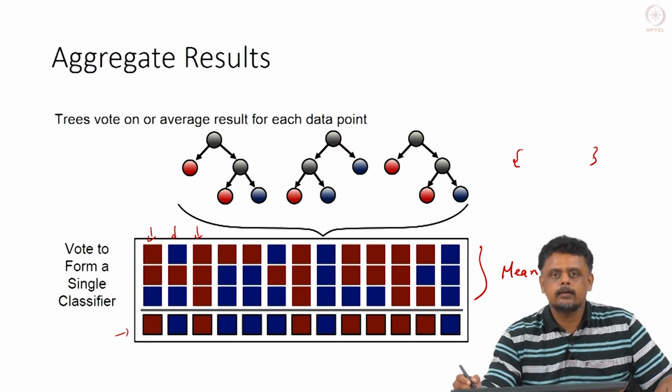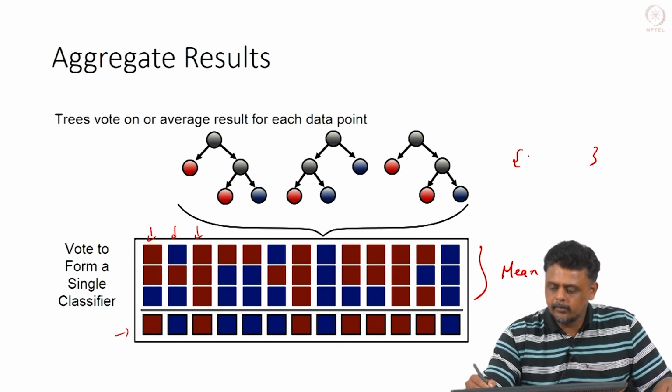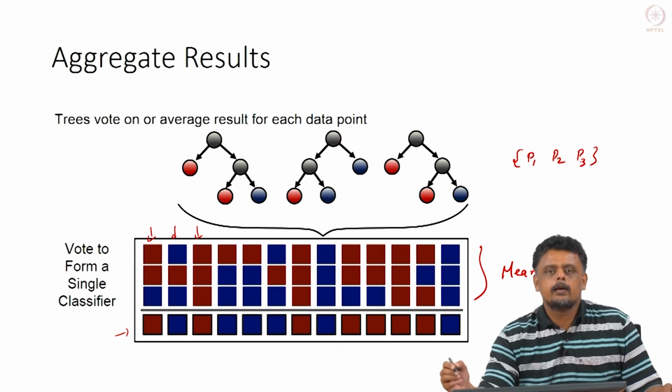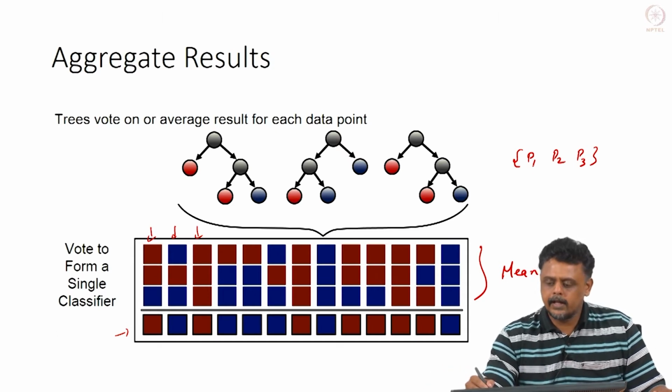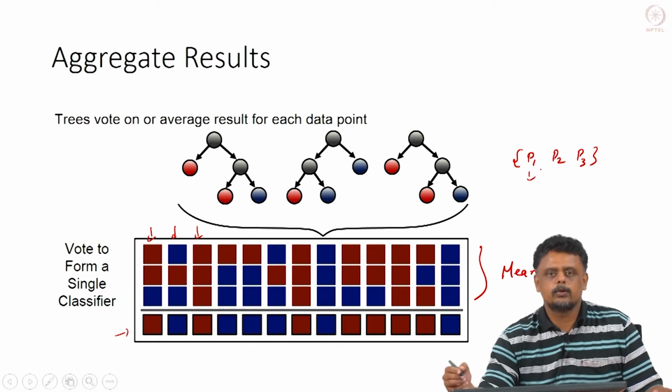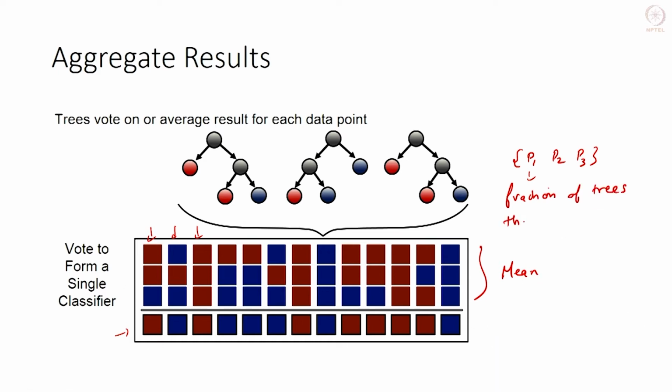Let us say there are 3 classes, then you can have the probability of class 1, class 2 and class 3, each as the fraction of the trees that gave class 1 as output.